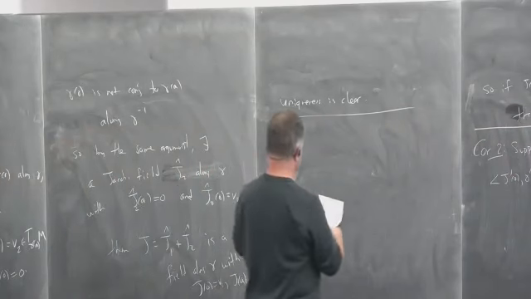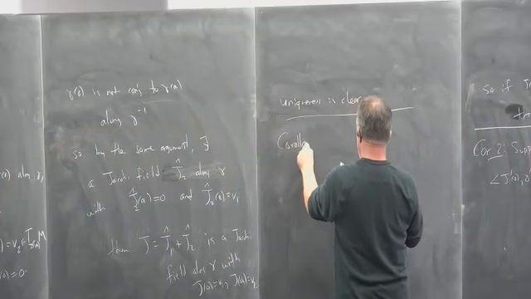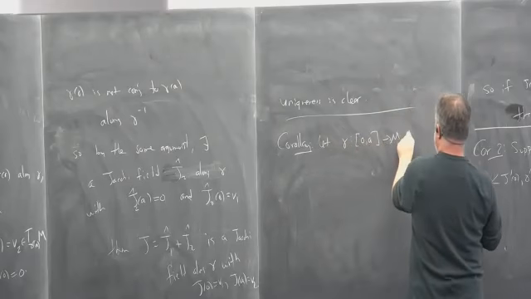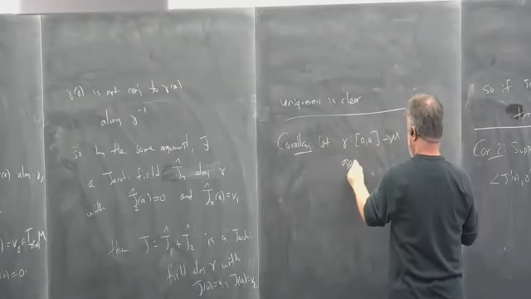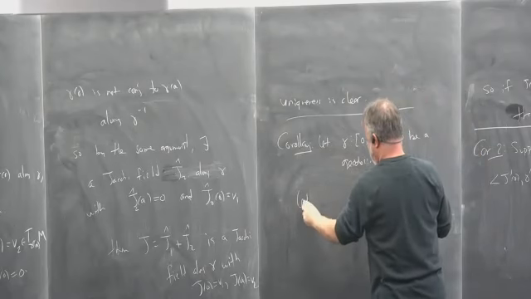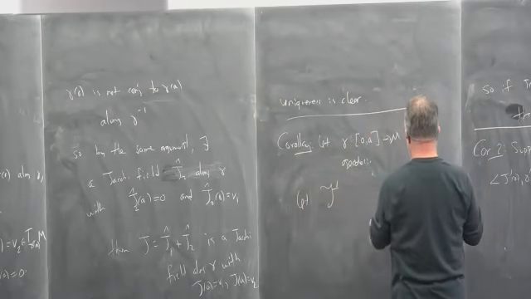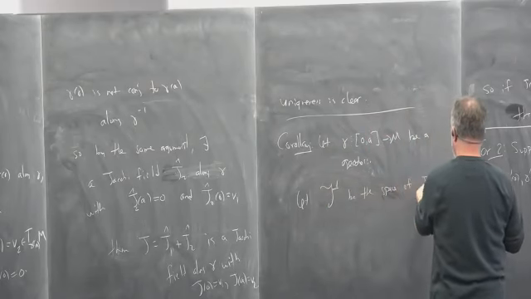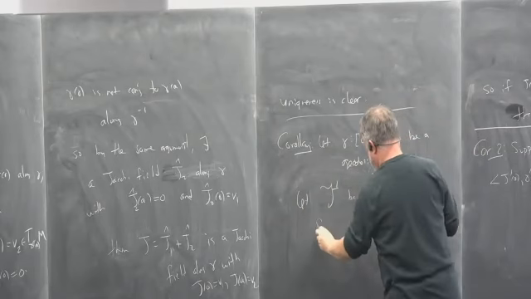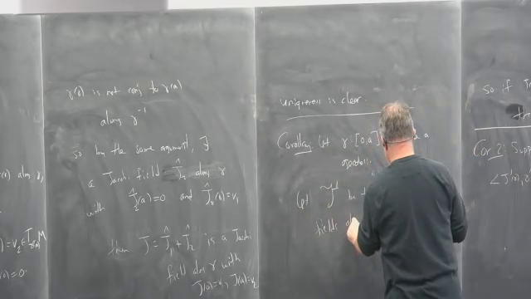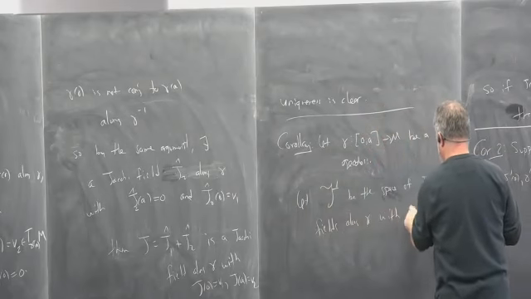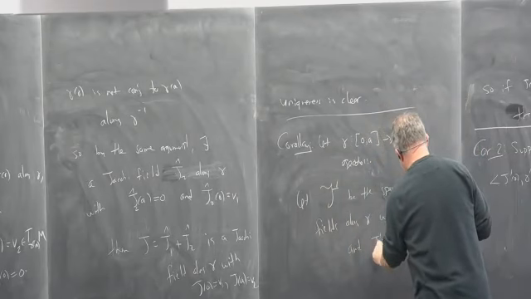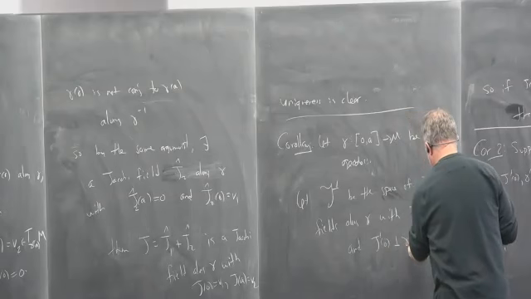Last corollary of the section. Let gamma be a geodesic. Let script J perp be the space of Jacobi fields along gamma with J of 0 equals 0 and J prime of 0 orthogonal to gamma prime of 0.